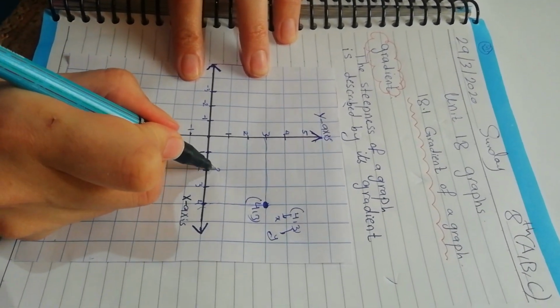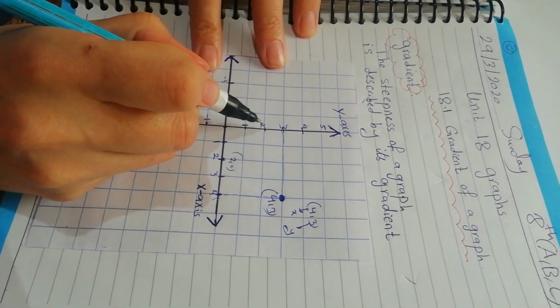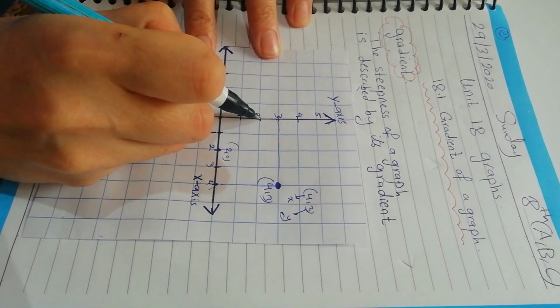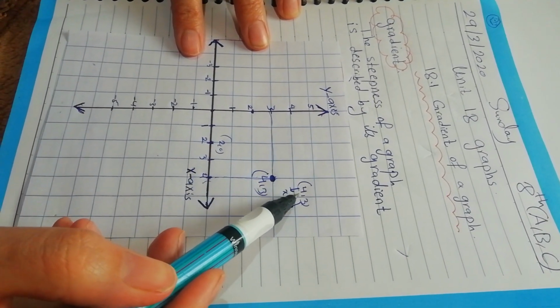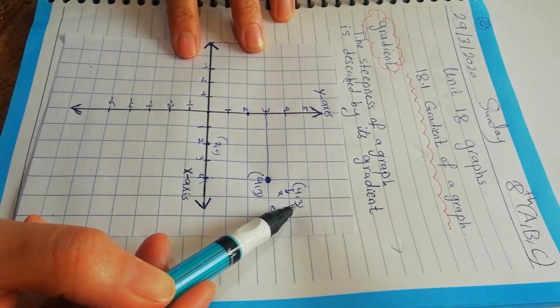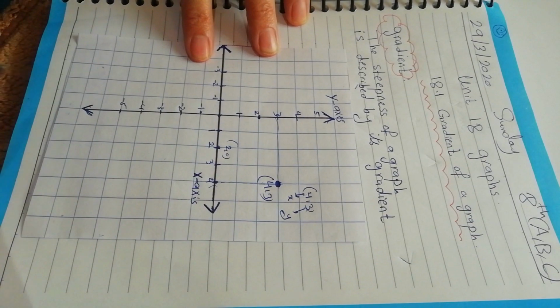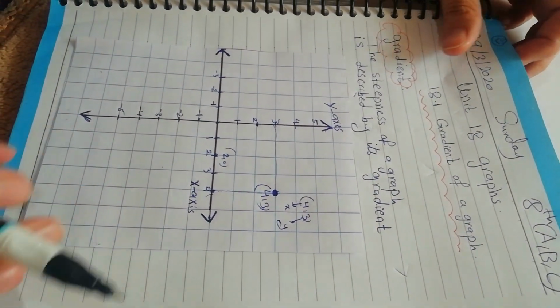This is 2, 0. Let's say 0, 2. This is 0 and this is 2. So remember, the first number is about the x-axis, which is the horizontal one. The second number is about the y-axis, which is the vertical one. This is the first thing you have to know.